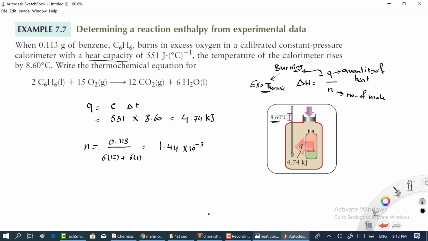Number 3, we are going to talk about the delta H. According to the equation, we have 2 moles of benzene, and the value is for 1 mole, so it will be negative, as it's exothermic. We take the 2 moles from the equation multiplied by the quantity of heat Q, 4.74, divided by the number of moles.